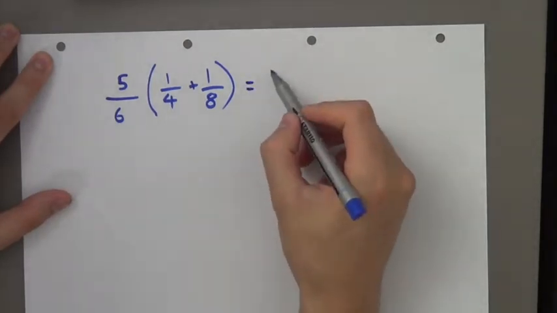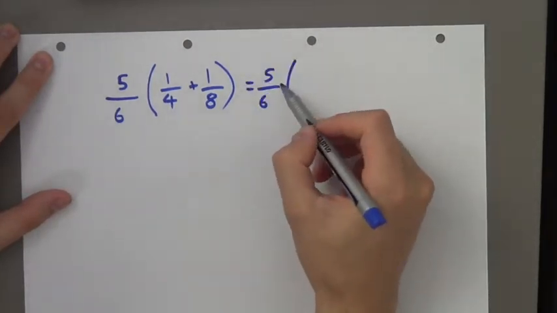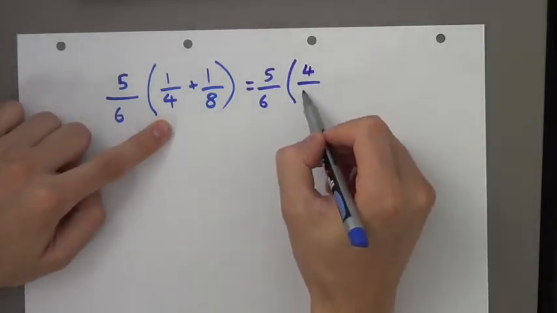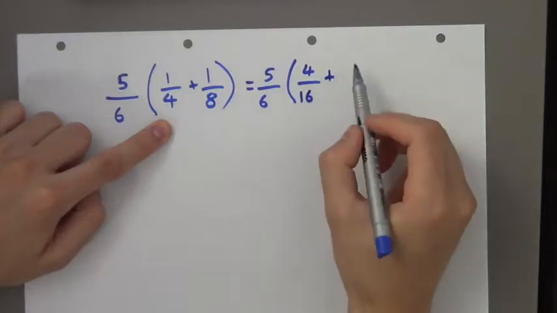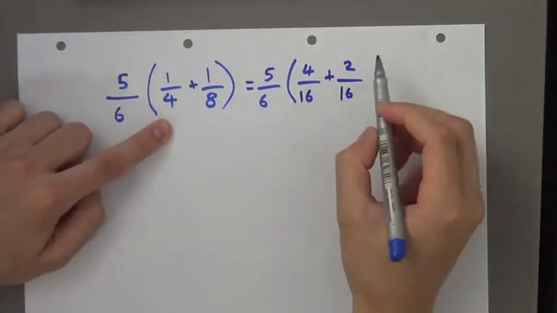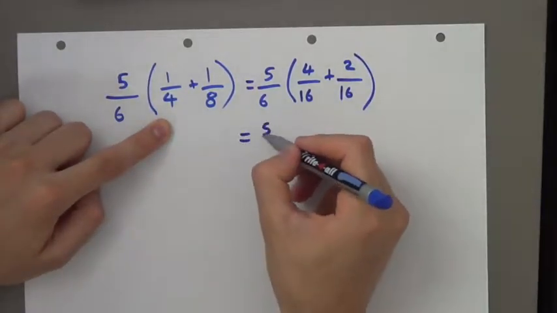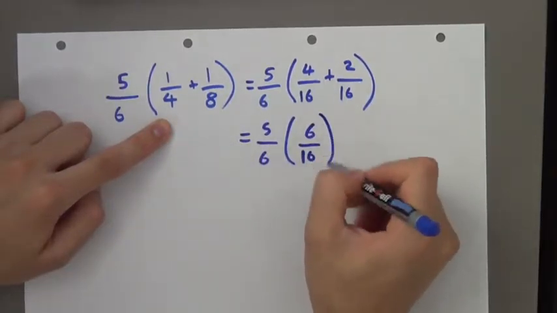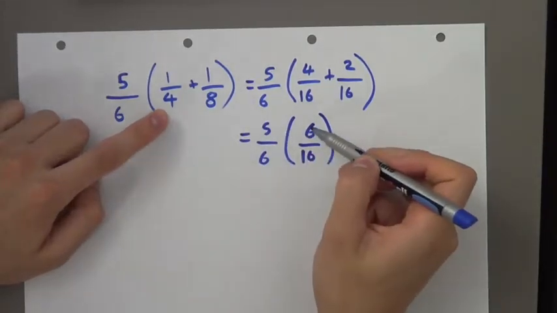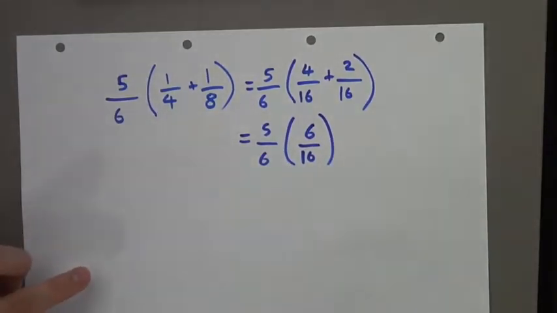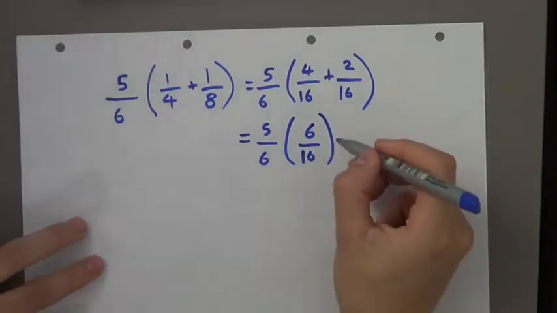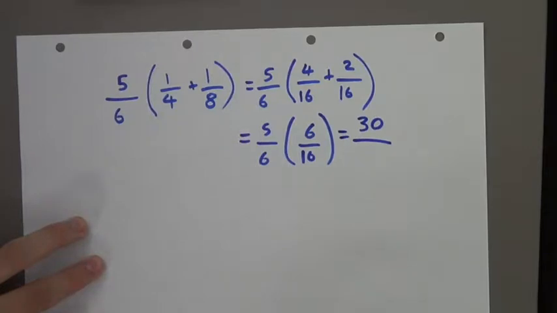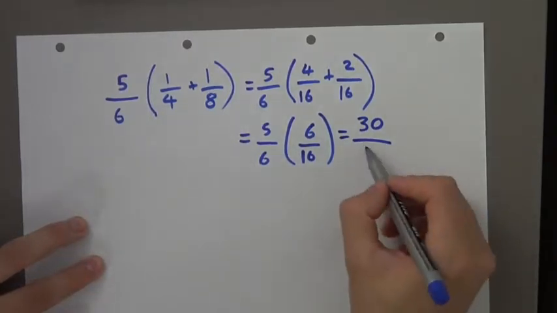So I'm gonna rewrite this as 5 over 6 multiplied by 4 on the top, 16 on the bottom, plus 2 on the top. Okay, this gives me 5 over 6 times 6 over 16, since 4 plus 2 is 6. I can say 5 times 6 is 30, and 6 times 16 is 96.